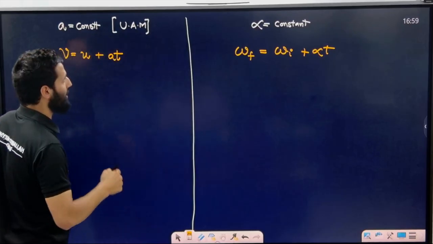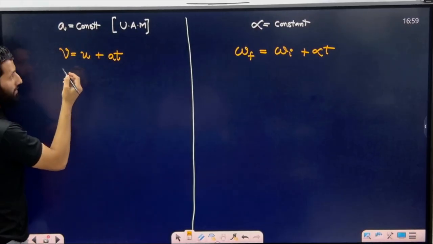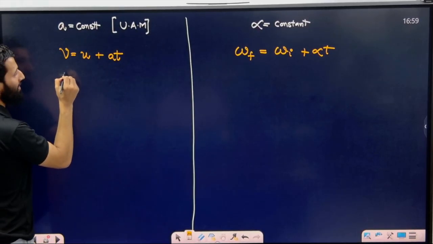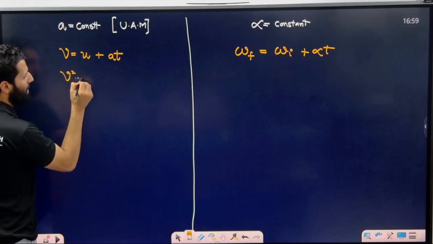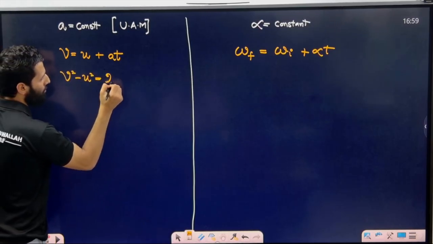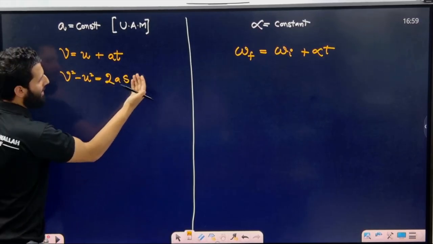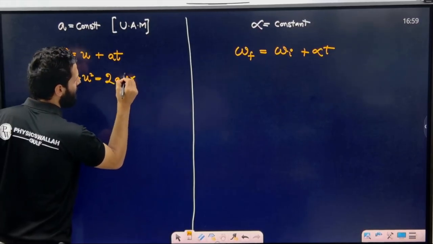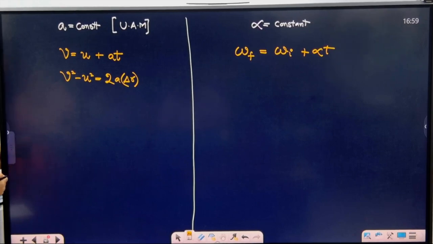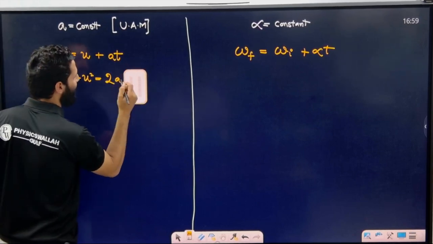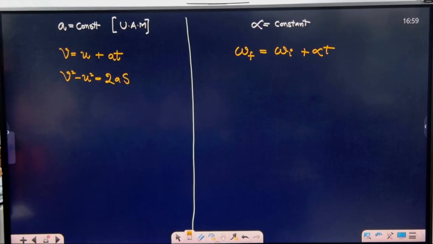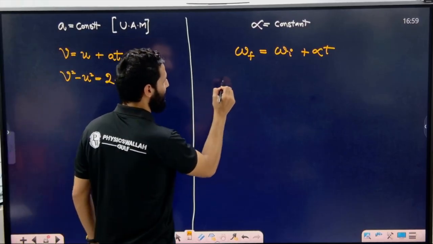Now the next equation: V square minus U square is equal to 2as. Or can I write 2a delta r also? Delta r is also displacement, no? Now here what will I write?